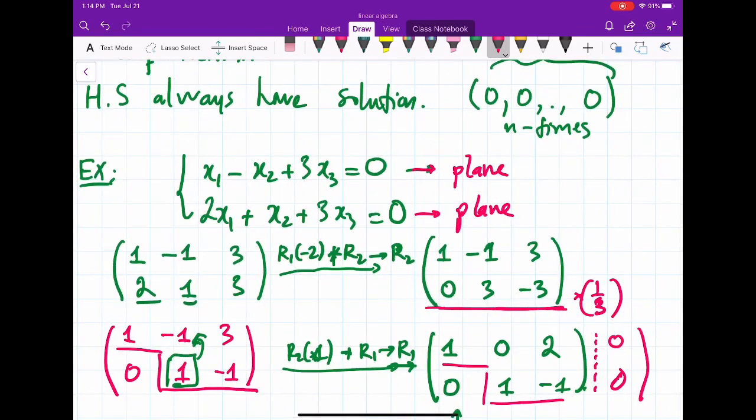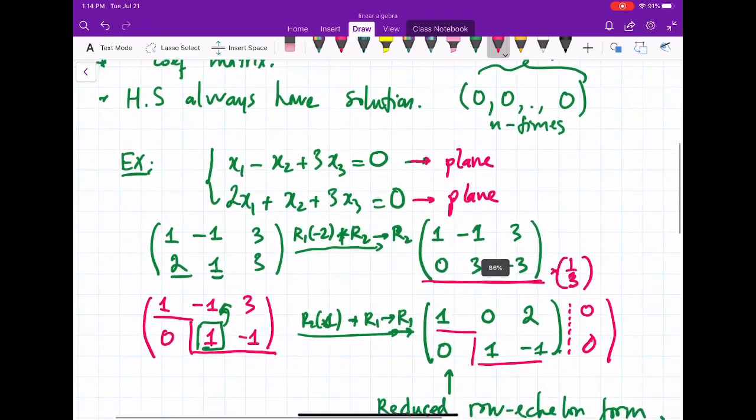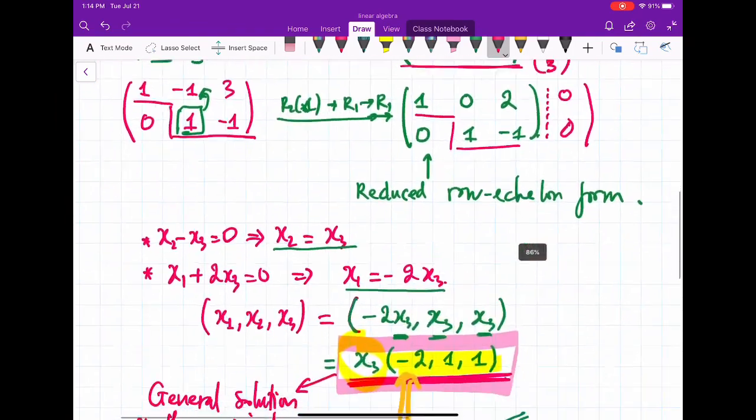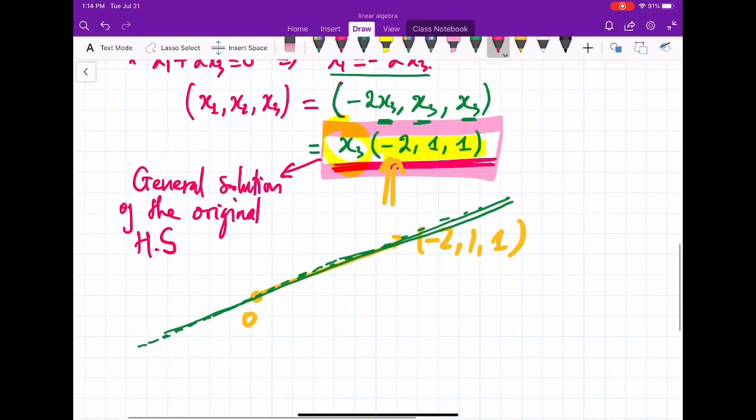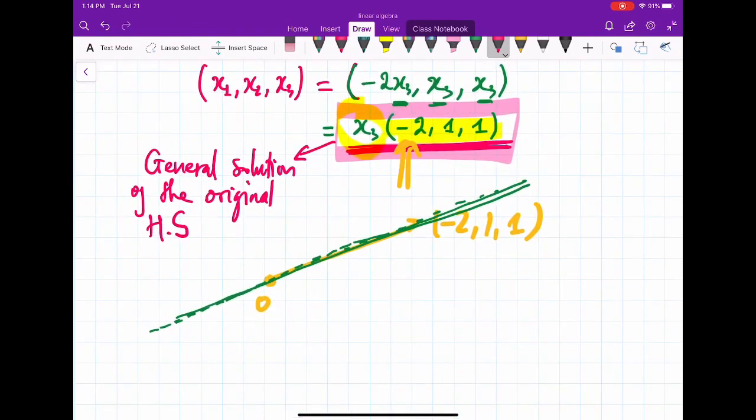These two planes contain the origin. That means this straight line also passes through the origin. You see that? When x3 is 0, you have the origin in here. Okay?